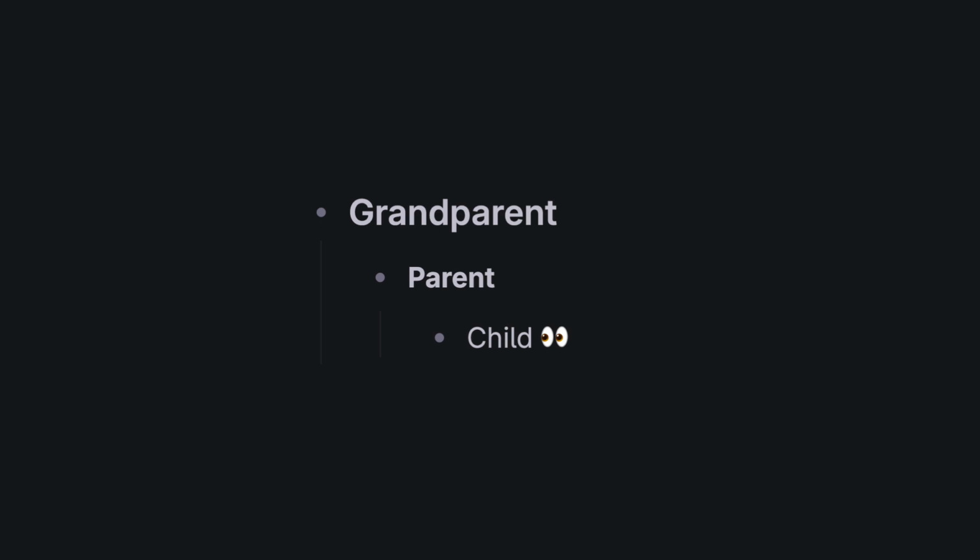And if we go one node above, we're going to have grandparents. Later on, this distinction is going to be very useful to us, especially when we're going to query things. But for now, we need to understand that hierarchy is one of the tools to structure and connect your information inside Tana.